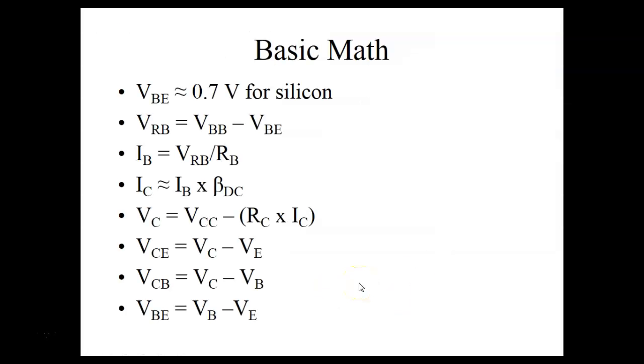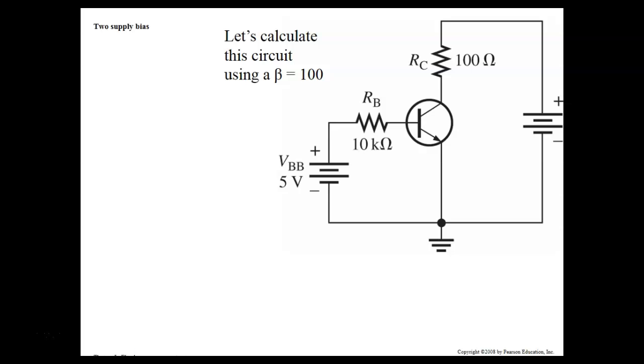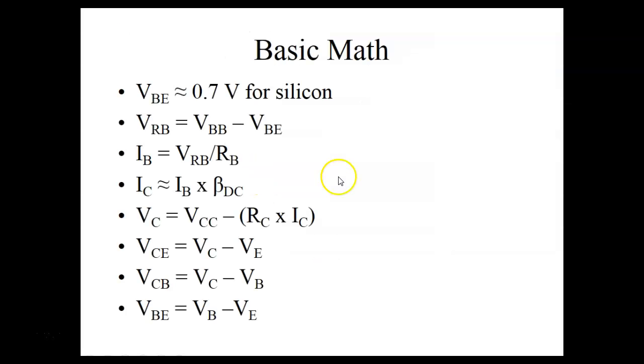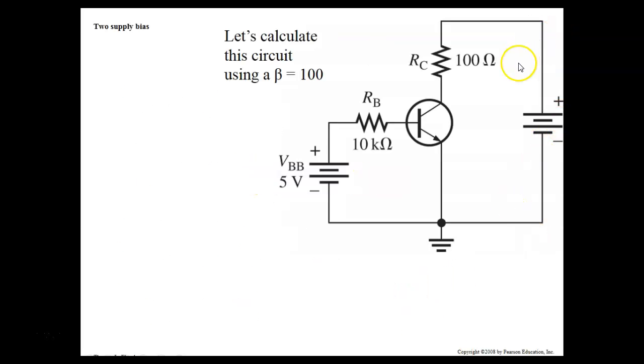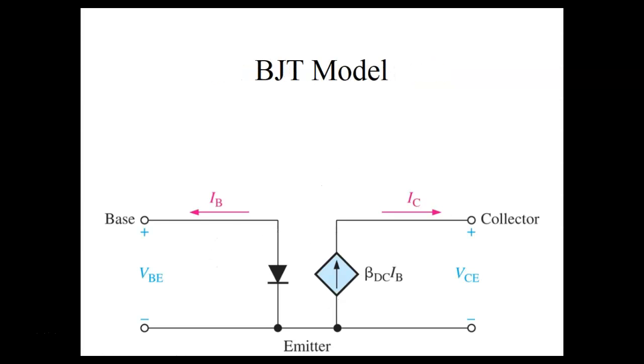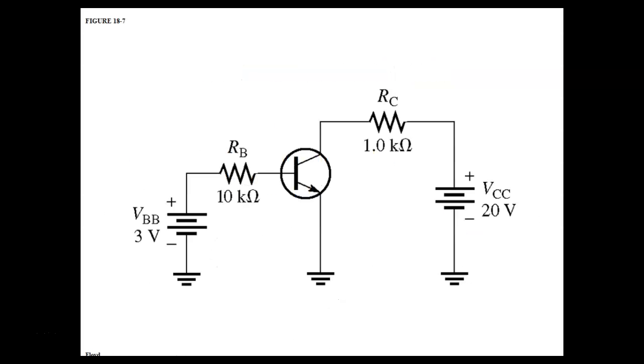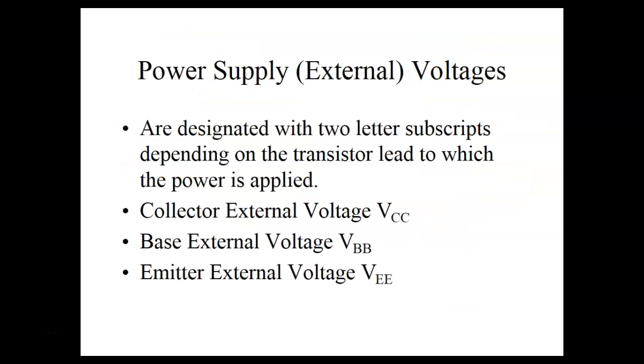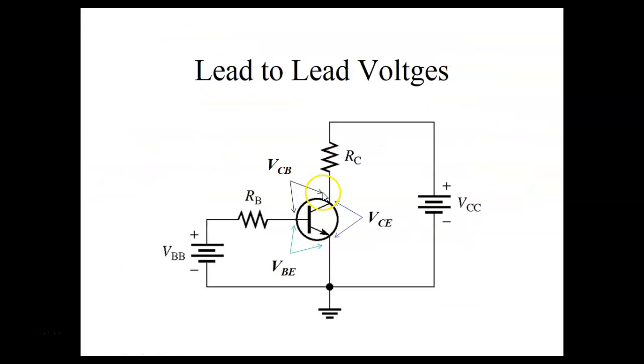Okay, so we got all the names. This guy over here would be called what? VCC. Of course, all these are relative here, so we don't have a VEE here. And the voltage between the leads, VCE.